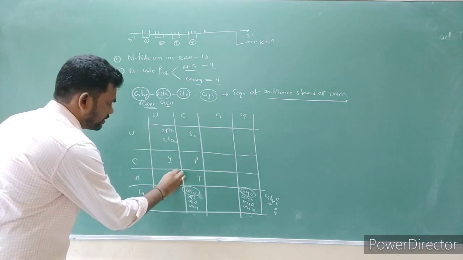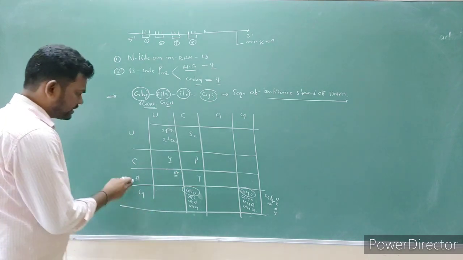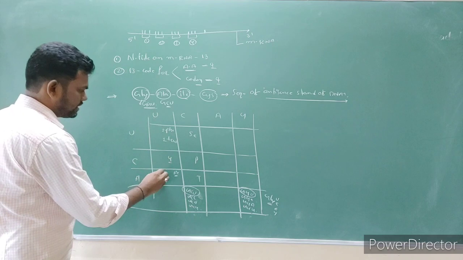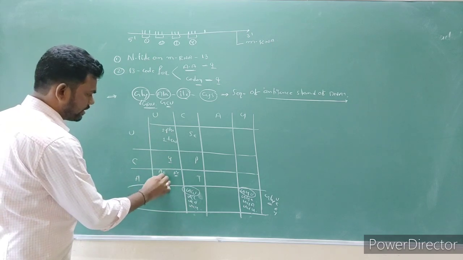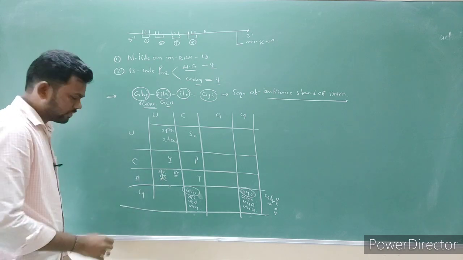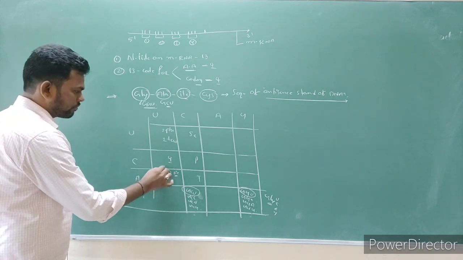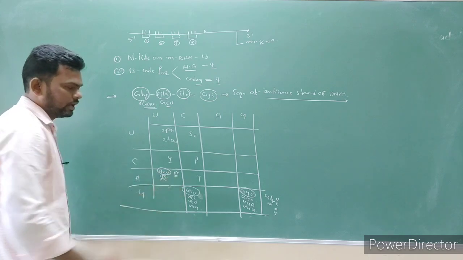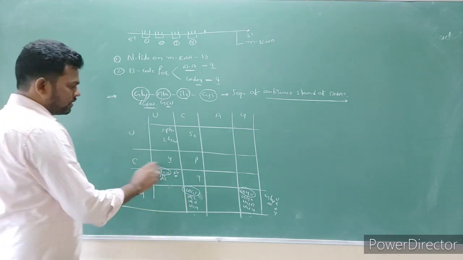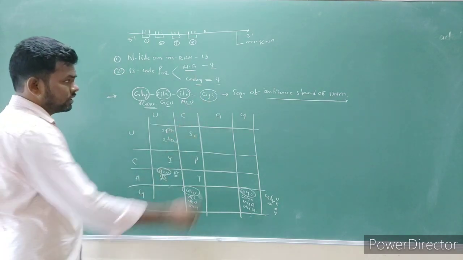Here it will come under number 3. Elizabeth is number 3. So it means here A, C, A, C, like A, C, U. That is a code for Elizabeth, right? A, C, U.